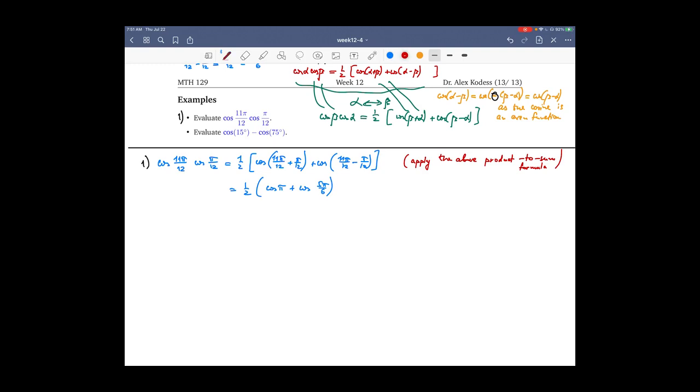Now cosine of pi we know is -1. What is cosine of 5 pi over 6?